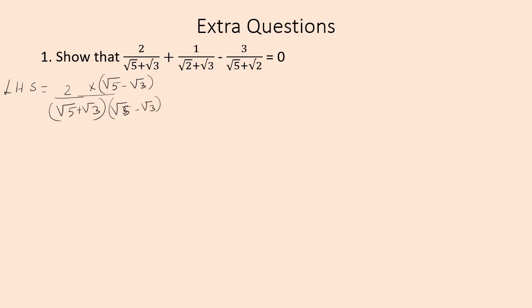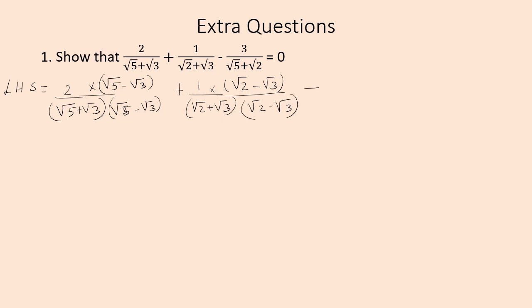Whenever you are having the denominator of the form root a plus root b, you have to multiply by root a minus root b in the numerator and denominator, plus 1 upon root 2 plus root 3. To rationalize this term, you have to multiply in the numerator and denominator by root 2 minus root 3 upon root 2 minus root 3.